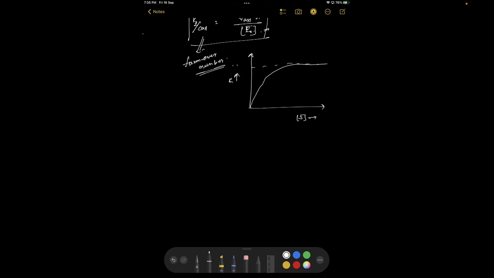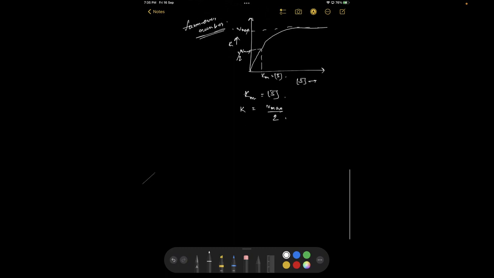So this is Vmax, that means maximum possible rate, and when Km equals substrate concentration, the overall rate will be Vmax divided by 2, half of Vmax. So this is half of Vmax, and this is Km equal to S.